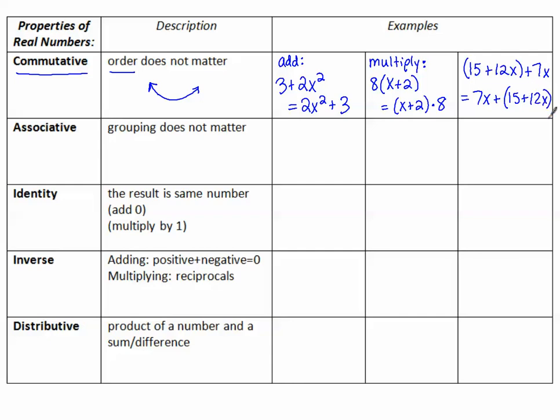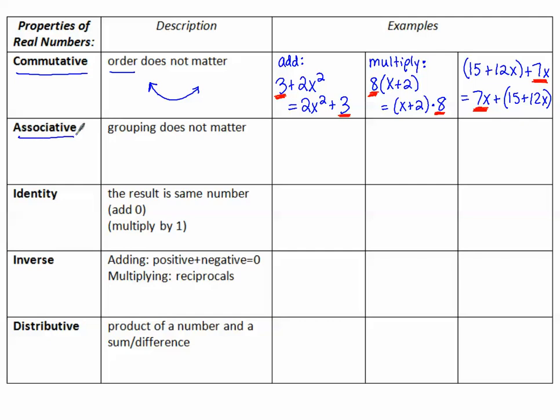So in each of these examples, something has been switched. First the 7x was at the back, now it's at the front. Here, first the 8 was at the front, now it's at the back. Here, first the 3 was at the front, now it's at the back. We switch the places. The order does not matter.